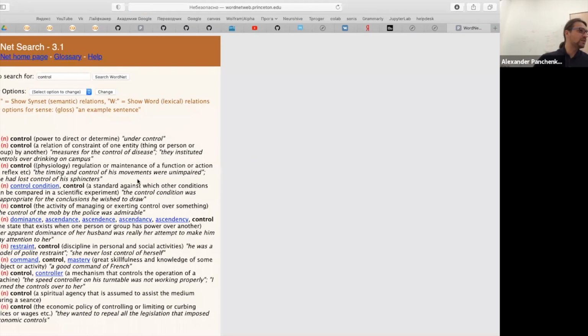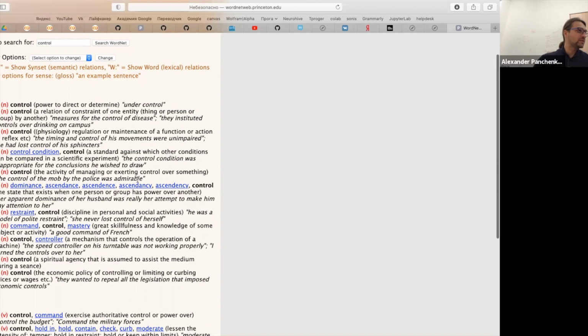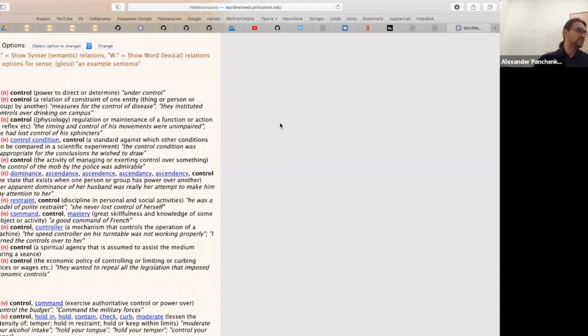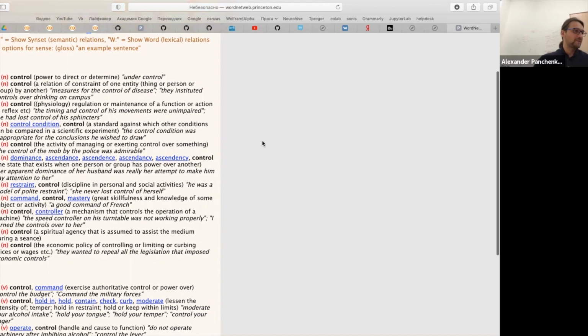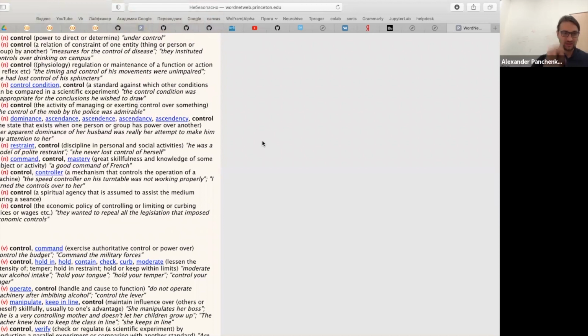I see that the first sense of control is a power to direct, the second sense is the control of disease, and then regulation or maintenance of function. So maybe these senses are a little bit too generic for the algorithms to easily distinguish between them.